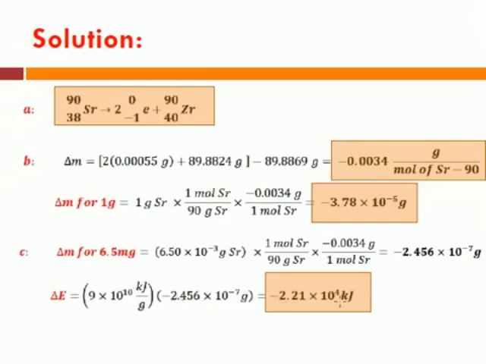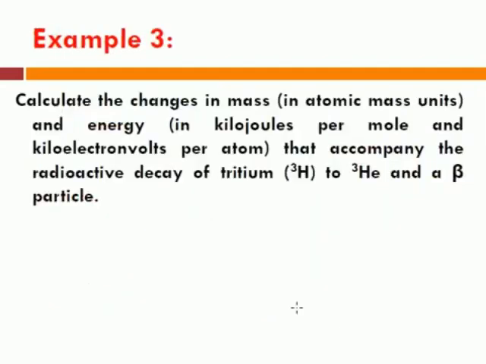You will get approximately negative 2.21 times 10 raised to 4 kilojoules. If your answer is very small or very large, you can express it in scientific notation. So that is problem number 2. Let's proceed to problem number 3.